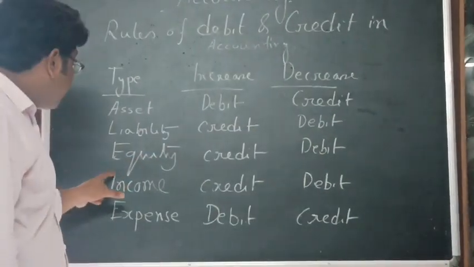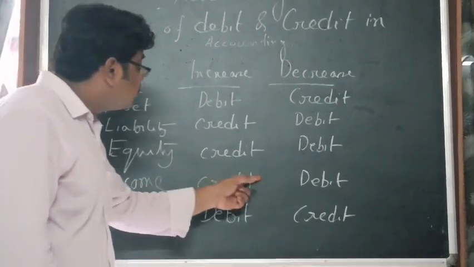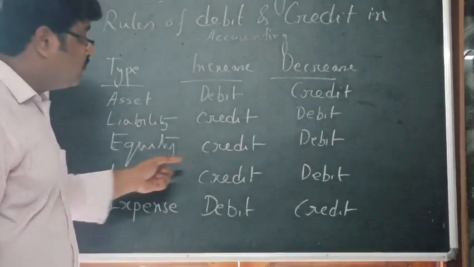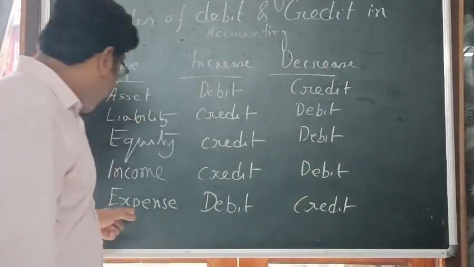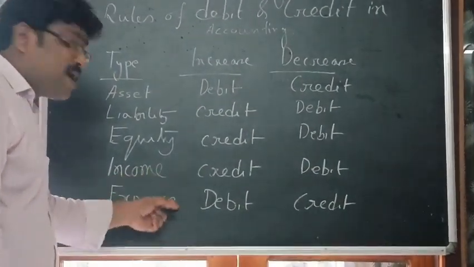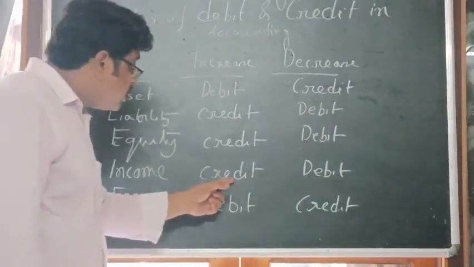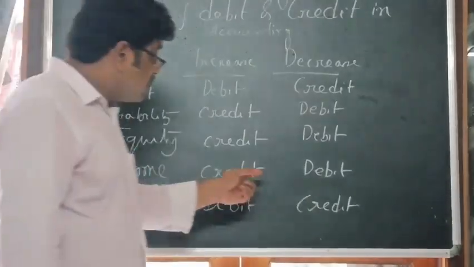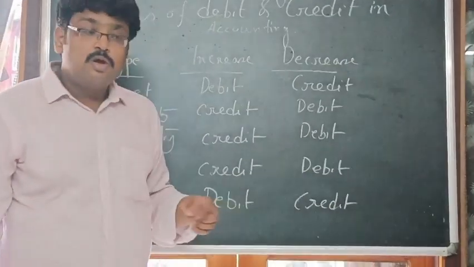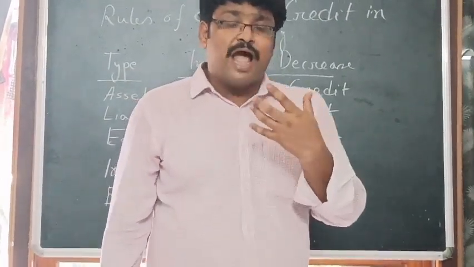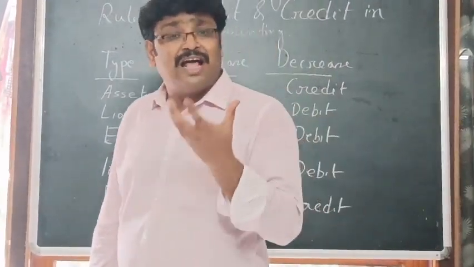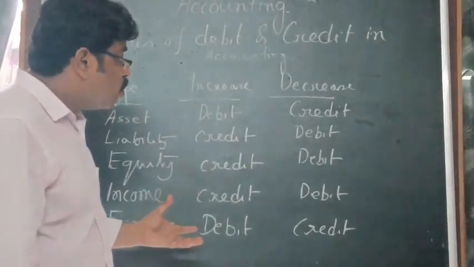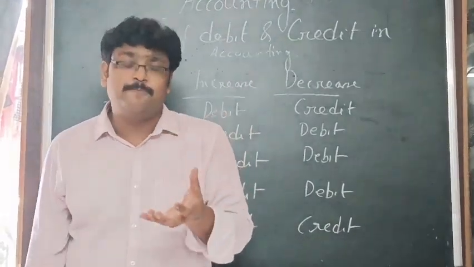If there is an increase in income, then it is credit, and if there is a decrease in income, then it is debit. If there is an increase in expense, then it is debit, and if there is a decrease in expense, then it is credit. At first you should remember that cash is an asset. So from this table we have a clear idea.